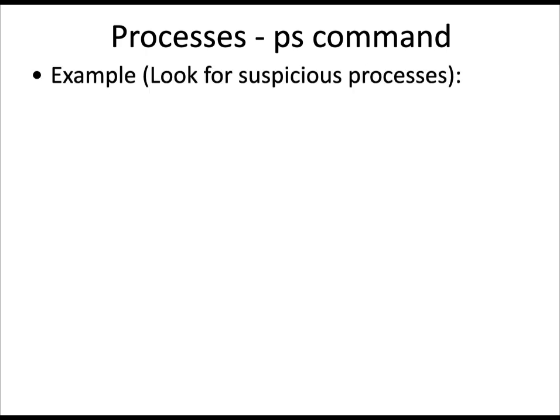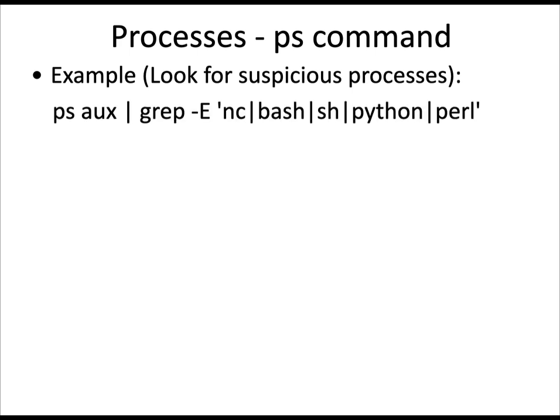What if we want to look for suspicious processes? What suspicious processes are can vary, but in this case, we're doing an expression grep of all the output of ps aux, and we're looking for inetd running, we're looking for all the shells that are running, and we're looking for things that Python and Perl may be running.